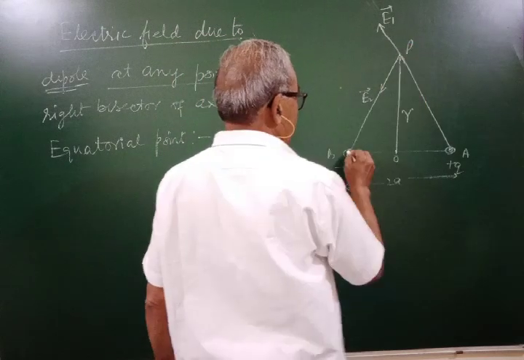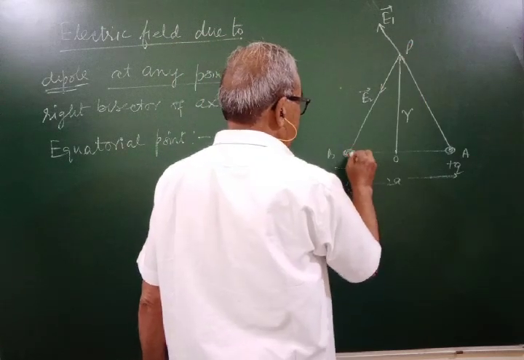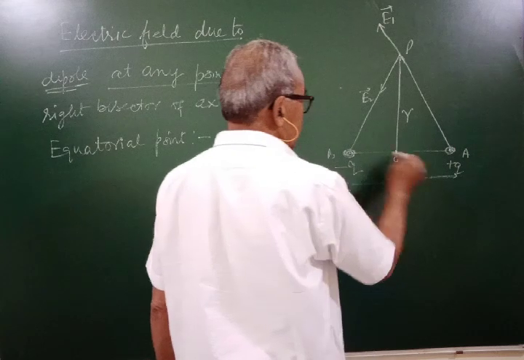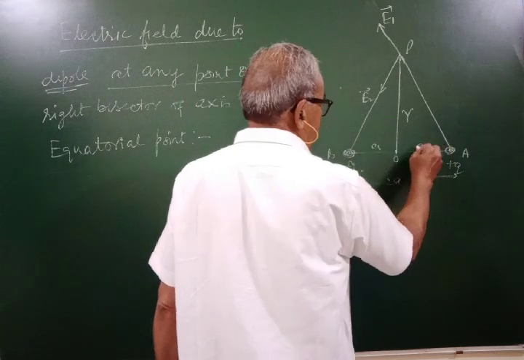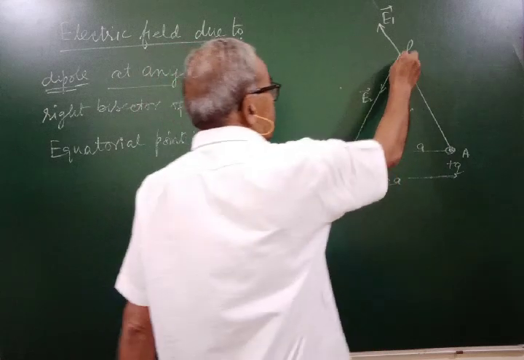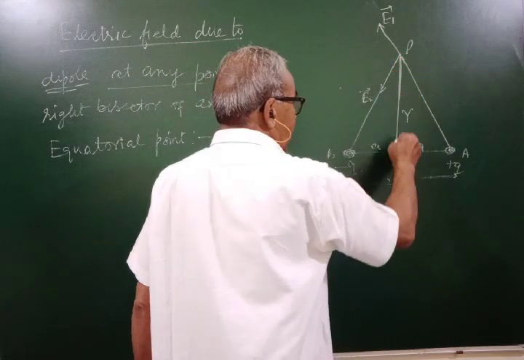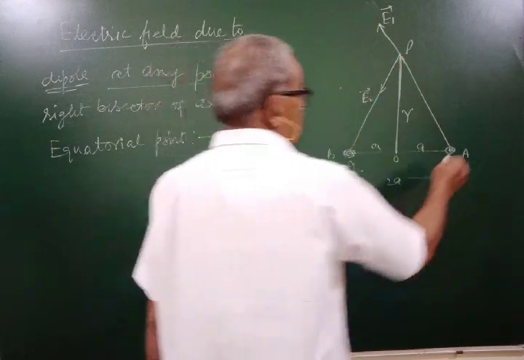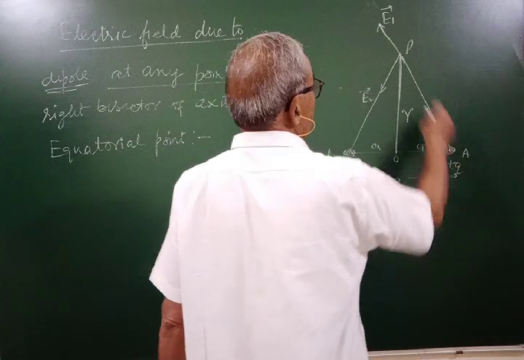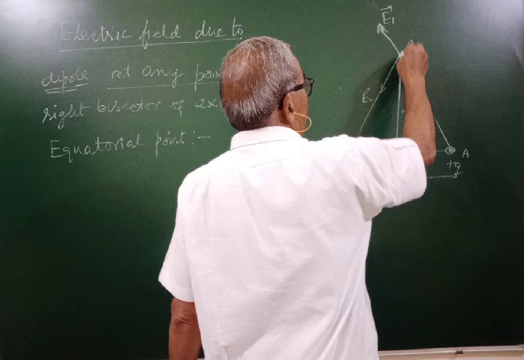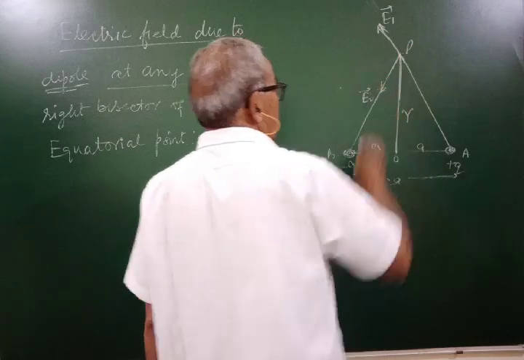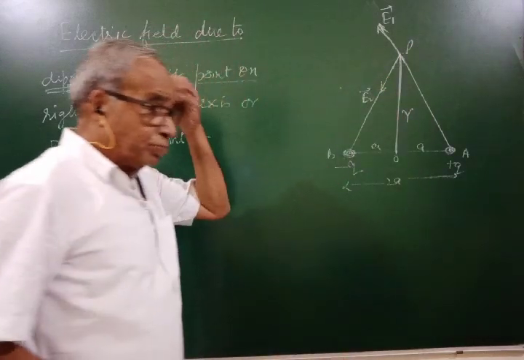It is point P. Here is minus q charge, here is plus q charge, distance 2a, so half of it is a. So this line is the right bisector. The electric field due to plus q charge at P will be along this direction, E1, and this is E2, due to the minus charge.